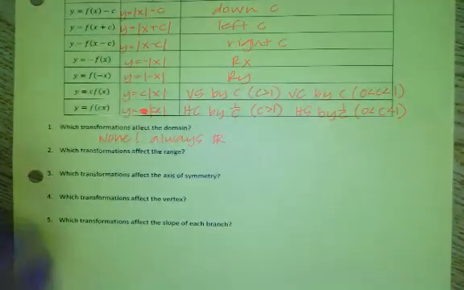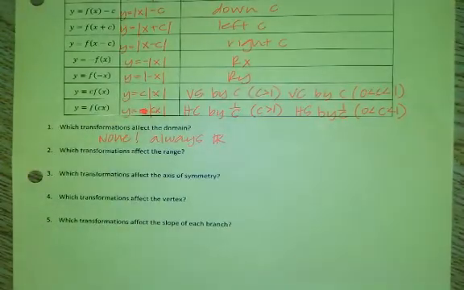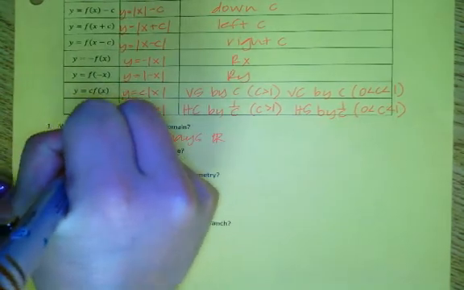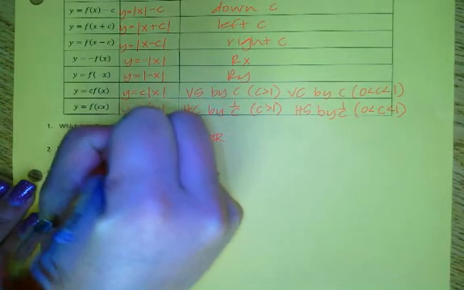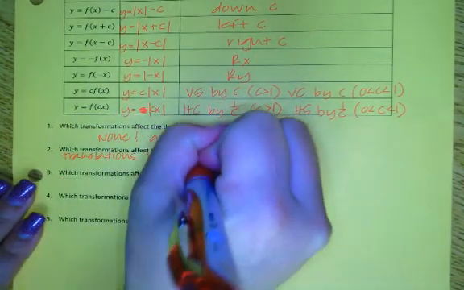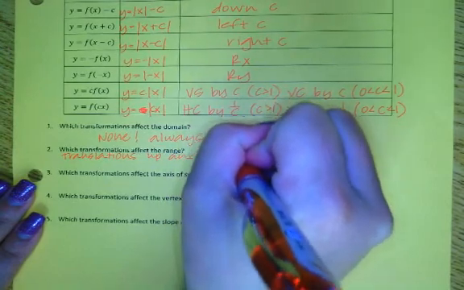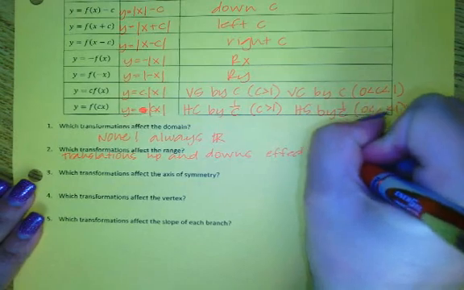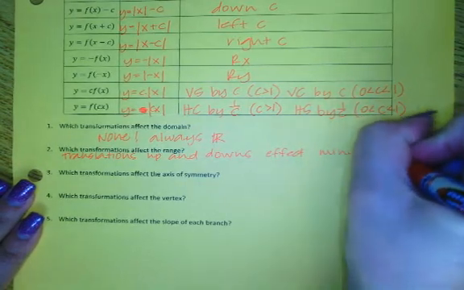Okay, which transformations affect the range? Translations in which direction? Translations up or down? So your translations up and down affect your min and your max values.